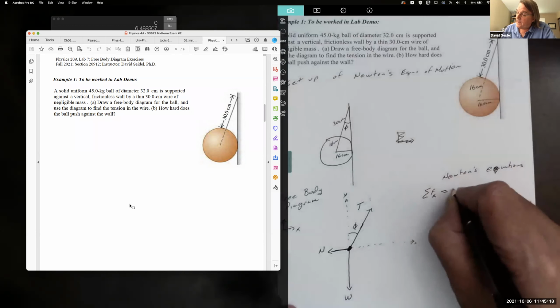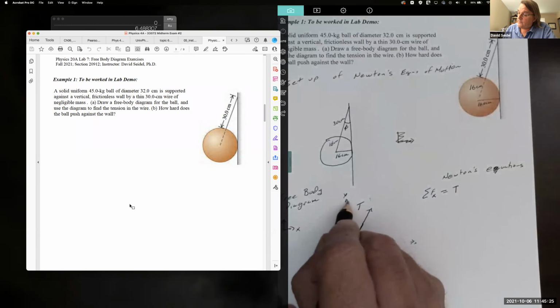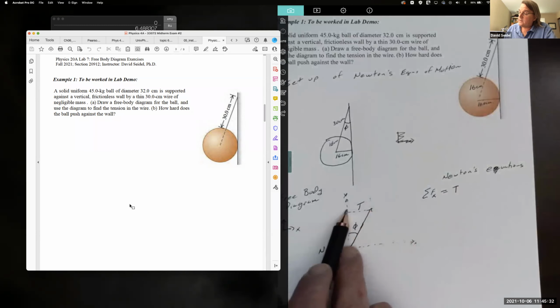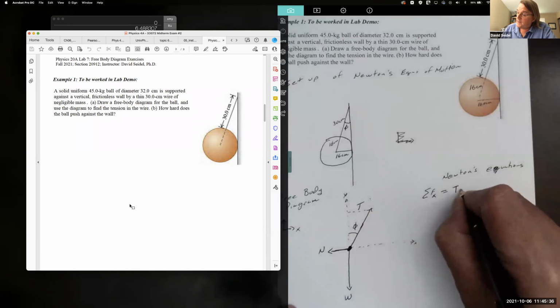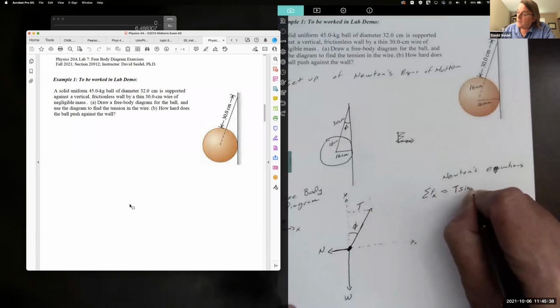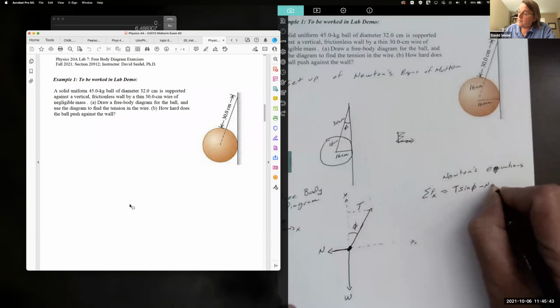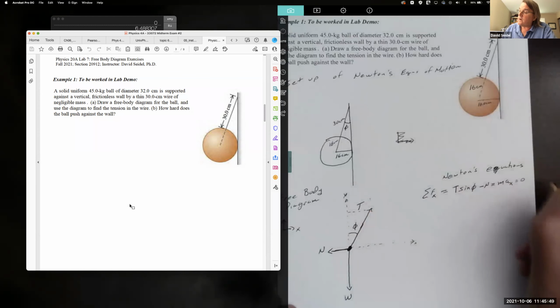So it's going to be T. And note, this is where I've defined my phi. I've defined phi with respect to the y-axis. So my X is sine. So it's going to be T sine phi minus N is equal to MA sub X, which is equal to 0.